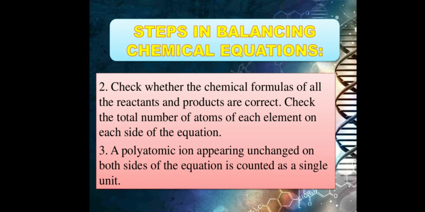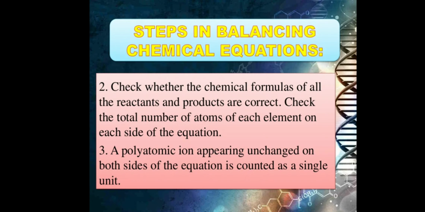Meaning to say, you literally have to dissect those chemical reactions, check the products and reactants, and check the total number of atoms of each element, whether each element is balanced or not. If it is not balanced, you have to do the solving part.